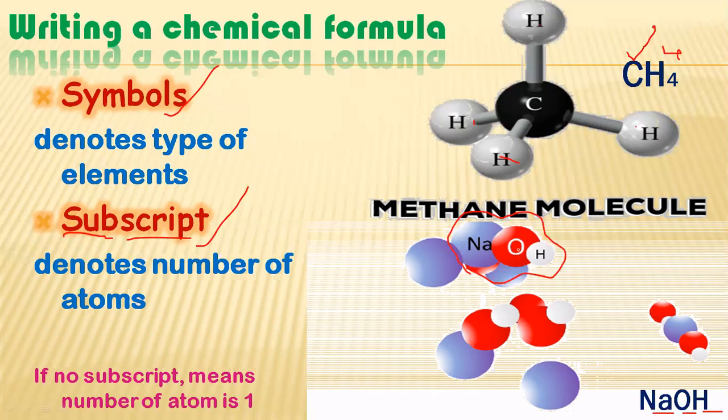Because oxygen is in the center, we'll write oxygen in the center and H and sodium at both of the sides. So sodium hydroxide. And we don't write any subscript here because there is hydrogen only one, oxygen only one, sodium only one. There is 1, but we don't write 1, like algebra in maths. You do that one.